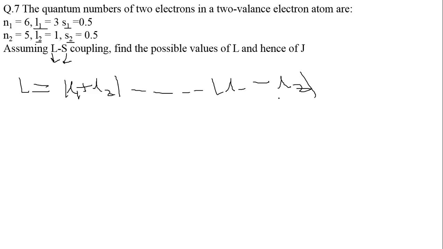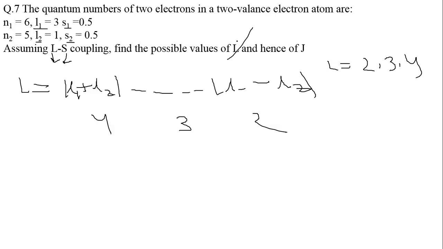These are like vector additions. So if l1 and l2 are given, we can calculate the value of L from different combinations. For 3 plus 1 we get 4 and 3 minus 1 we get 2. In between, increasing by 1, we get 4, 3, 2. So L will be 2, 3, 4.